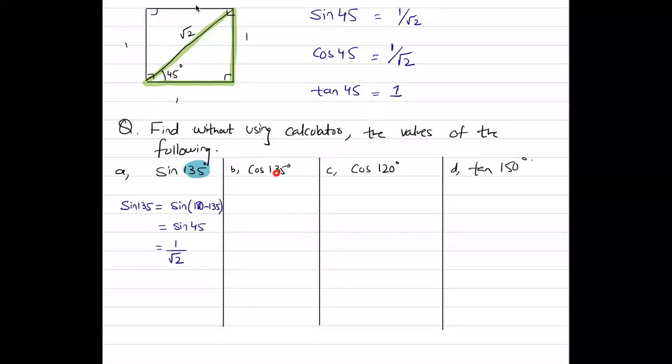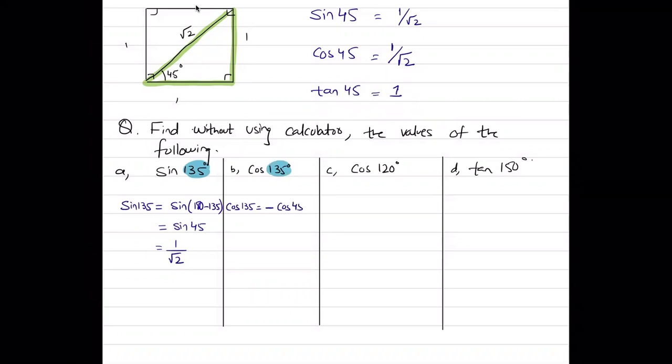Similarly, for cos of 135, which is an obtuse angle, I can represent this with the adjacent acute angle, but cos of 135 is equal to negative of cos of the acute angle. So what is 180 minus 135?